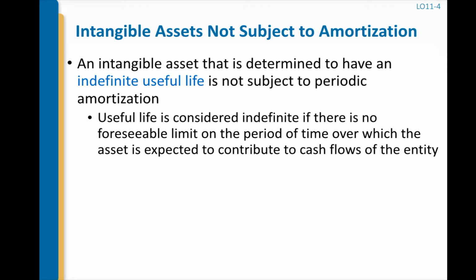Obviously, if you have any type of asset, and this is again why land ends up not being depreciated, where there's no foreseeable end to the useful life of the asset, then you don't take any depreciation, and you never change it. You basically never recognize it as a cost.